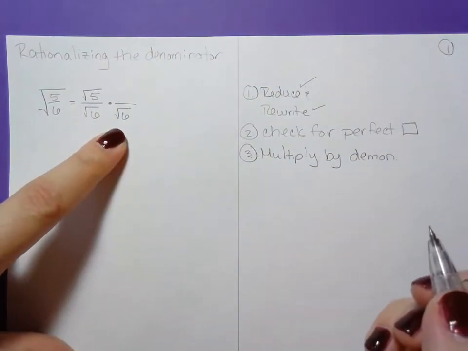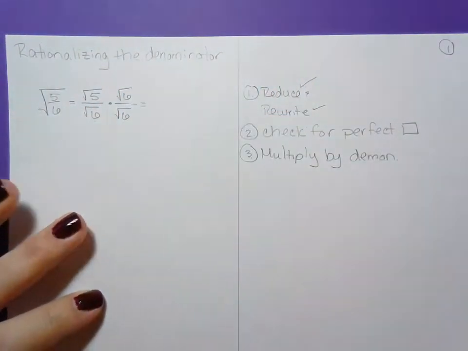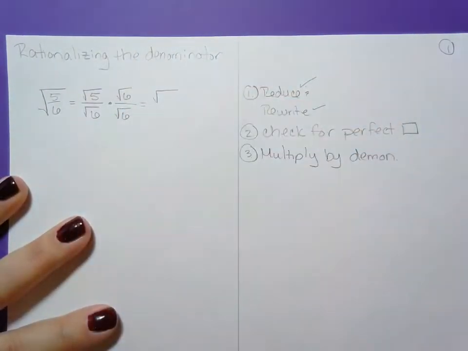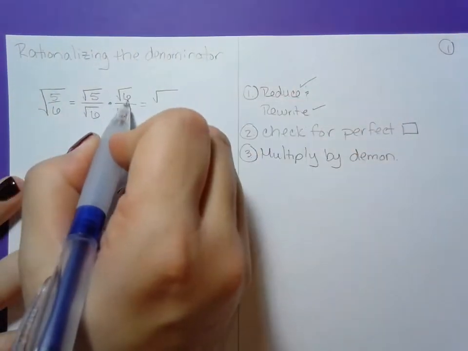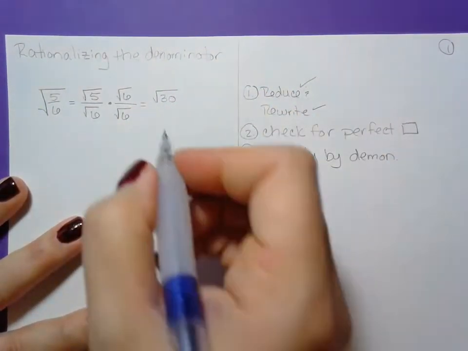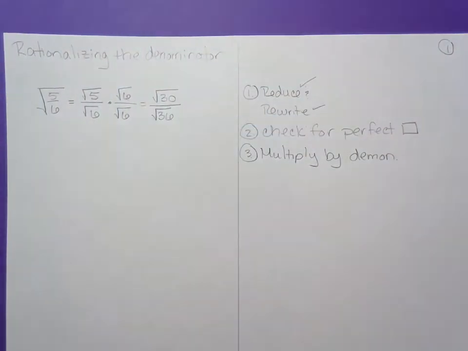If we multiply by the square root of 6 on the bottom, we multiply by the square root of 6 on the top. The nice thing about radicals is that when you're multiplying radicals, all you have to do is keep the radical sign itself and multiply the radicands. So 5 times 6 is 30. And then on the bottom, we've got the square root of 36.